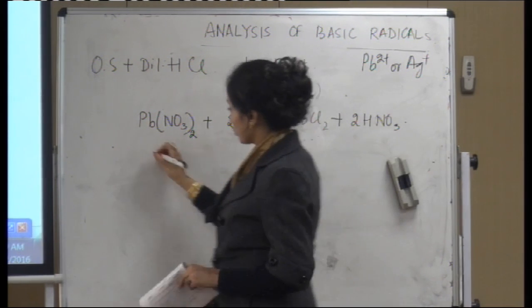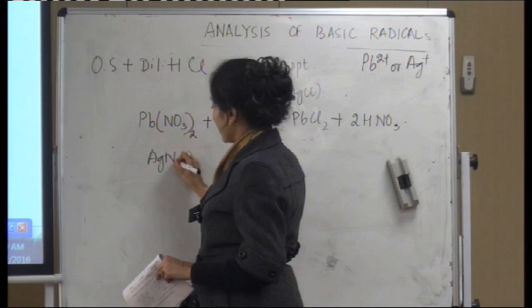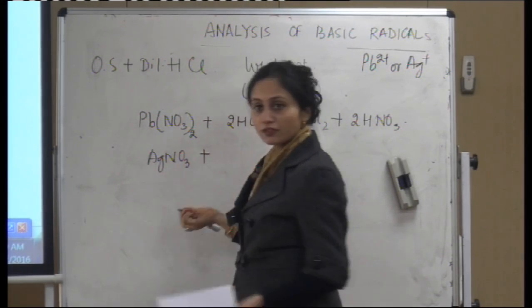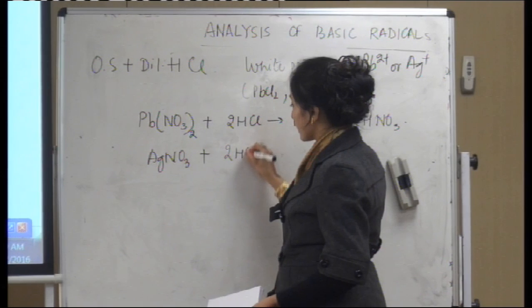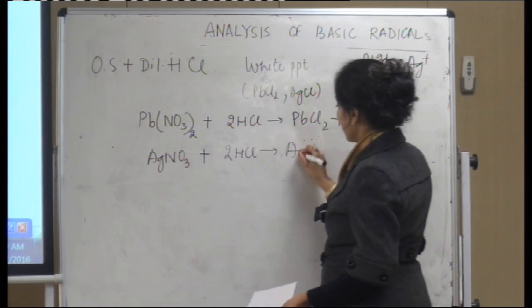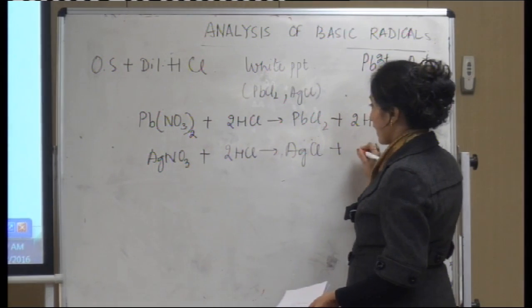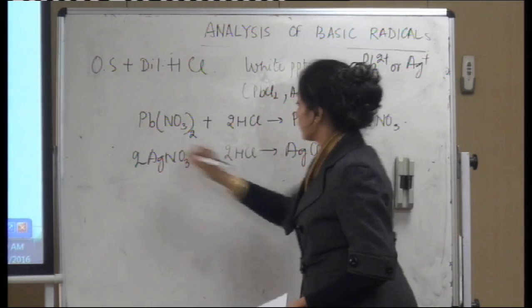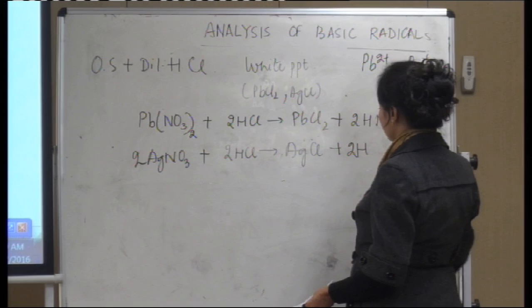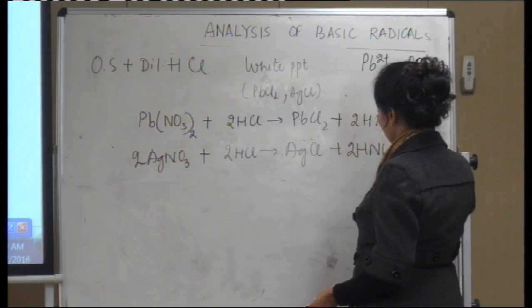Similarly, take AgNO3, now you can write down the reaction yourself. There's hardly any task in it. So you have AgNO3 plus HCl, it will be giving you AgCl plus HNO3. So you can balance it accordingly. Right?